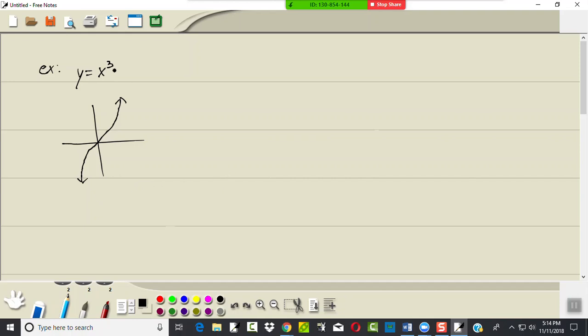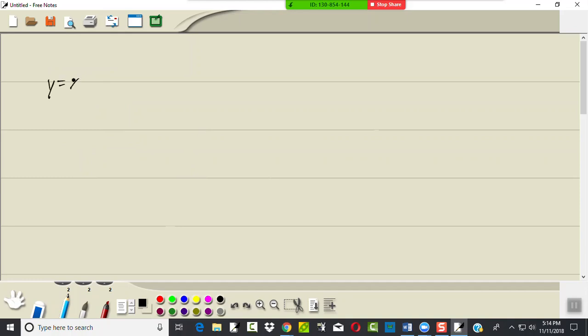Now, if you have other items here with x to the third, you may see a graph will look differently depending upon what numbers are there. You may have something that looks like that. X to the fourth, x to the fifth, all of those would be the same.